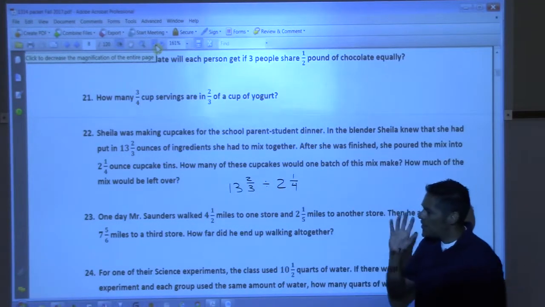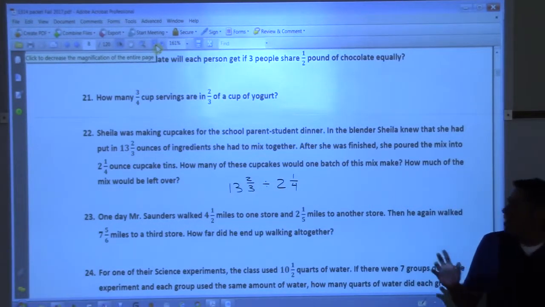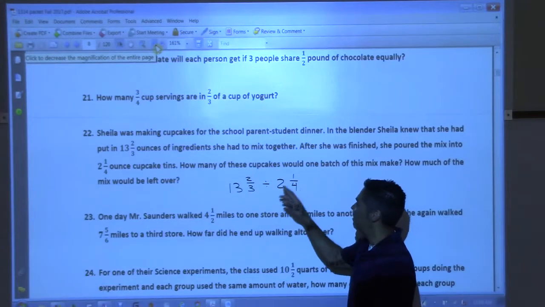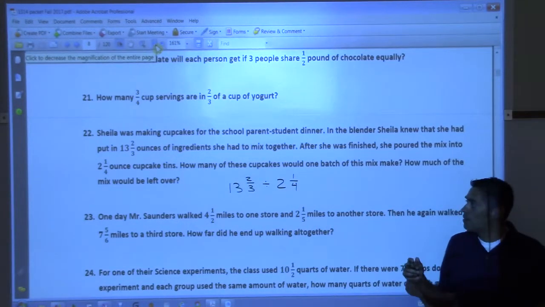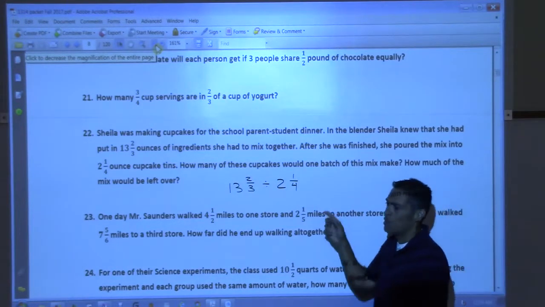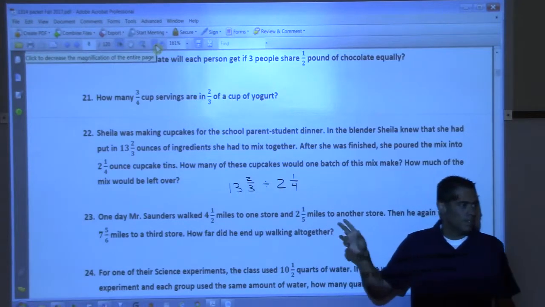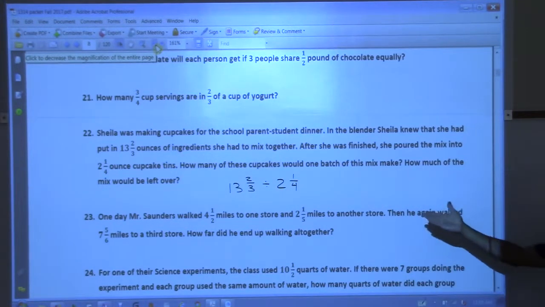Just so we get our language correct, there's two ways you could say that. You could say you're taking 13 2/3 and dividing it by 2 1/4, or you can say you're determining how many times 2 1/4 goes into 13 2/3. There are just different ways of saying that operation.